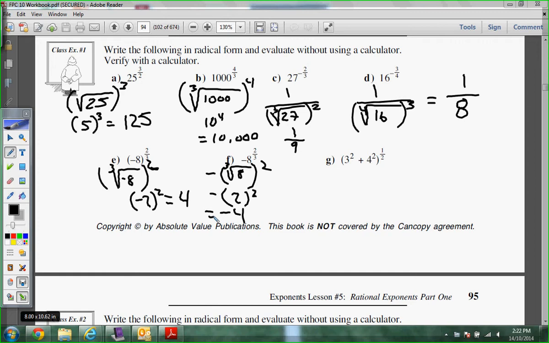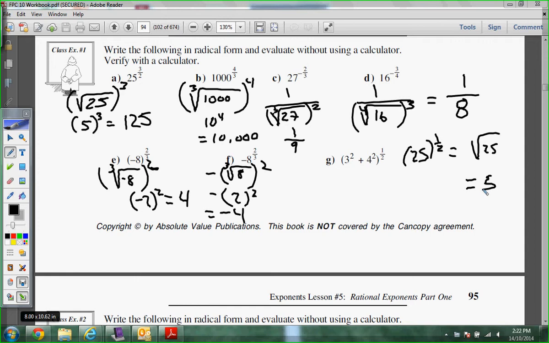Molly, part G. Good. So what happens here is, and this is an exponent thing, if they're being added, you cannot distribute power to power.